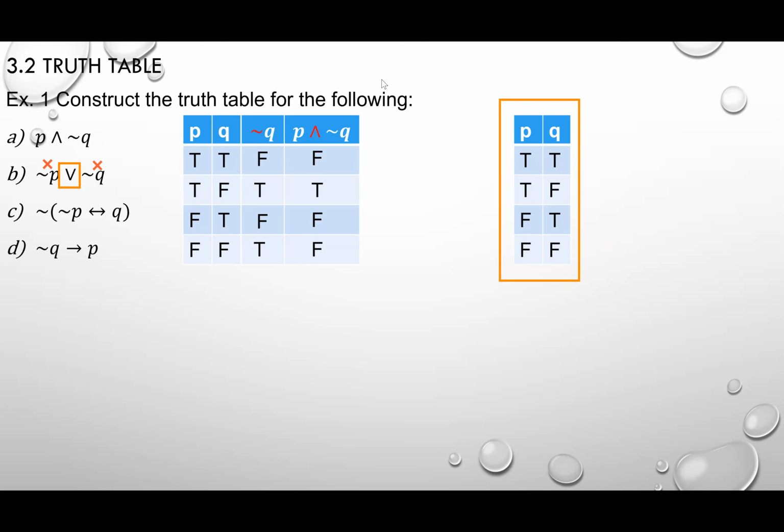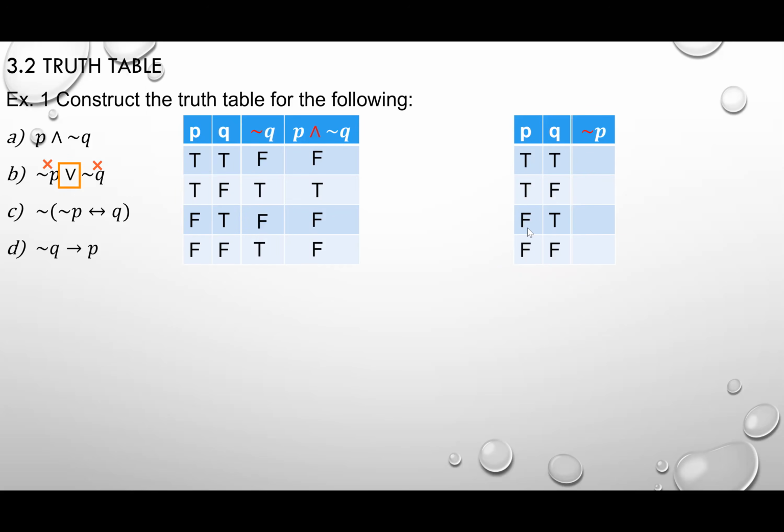But the negation is easy to do because why? Do you agree that I can find the negation of P? And the negation of P is easy. Whatever P is, the negation will be the opposite. So P is true, true, false, false. The negation of P will be false, false, true, true. Again, if you are confused, just block what you don't need.